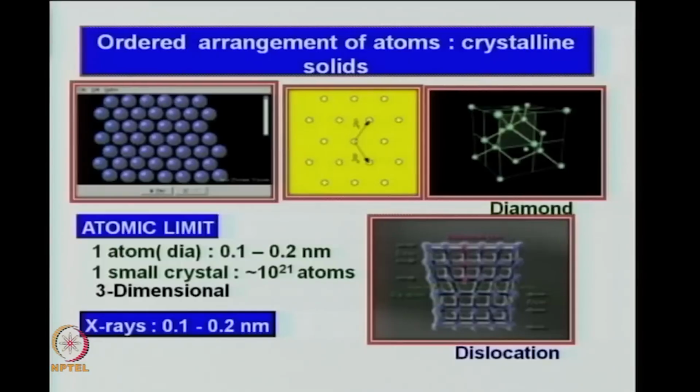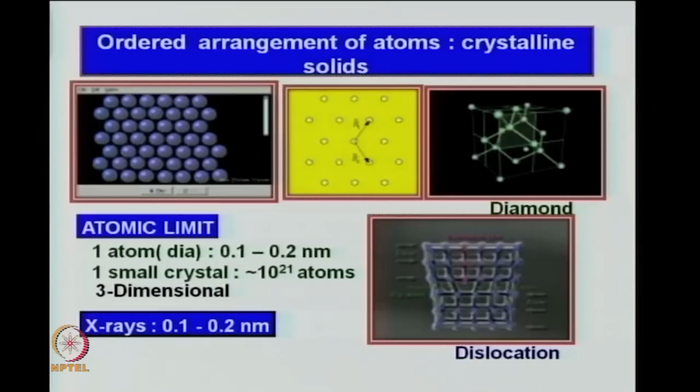Typically, a crystal of say 0.1 millimeter in dimension will have around 10 to the power 21 atoms. So, there are many atoms in a small crystal, and the distance between two atoms is of the order of 0.1 to 0.2 nanometers, or 1 to 2 angstroms.